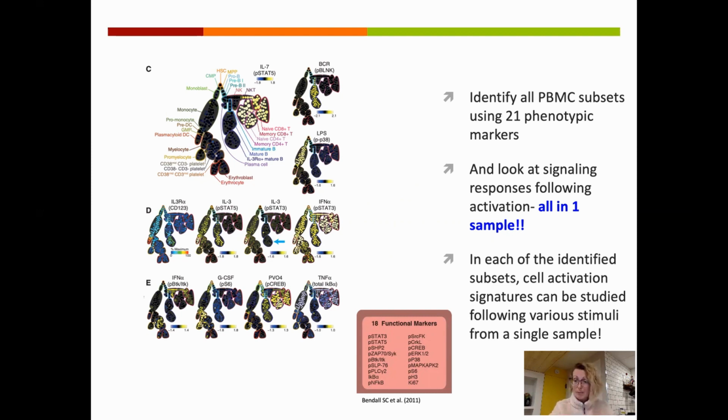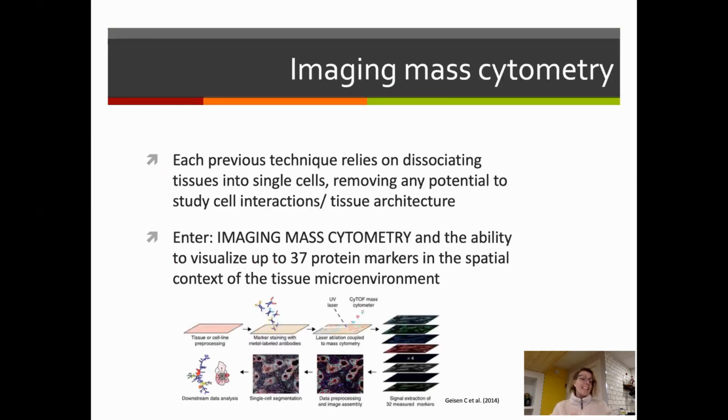It's extremely powerful. Taking this one step further to make it even more exciting, we have something called imaging mass cytometry. Everything I've talked about so far relies on dissociating tissues into single cells, which will remove any potential to study cell interactions or tissue architecture.